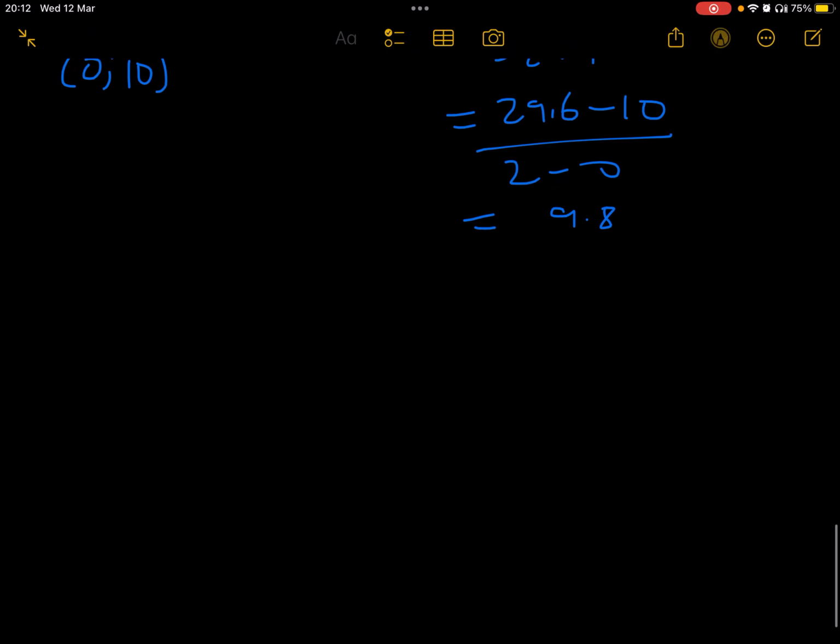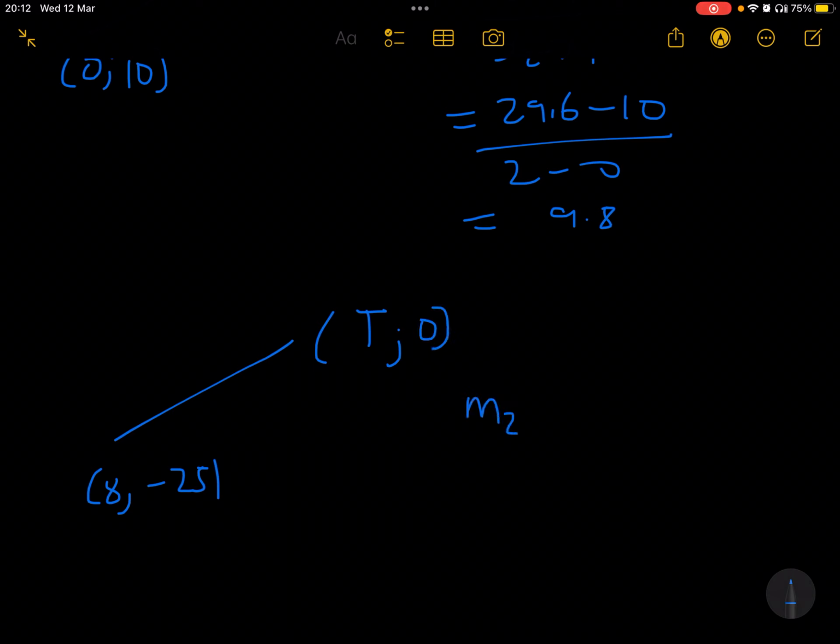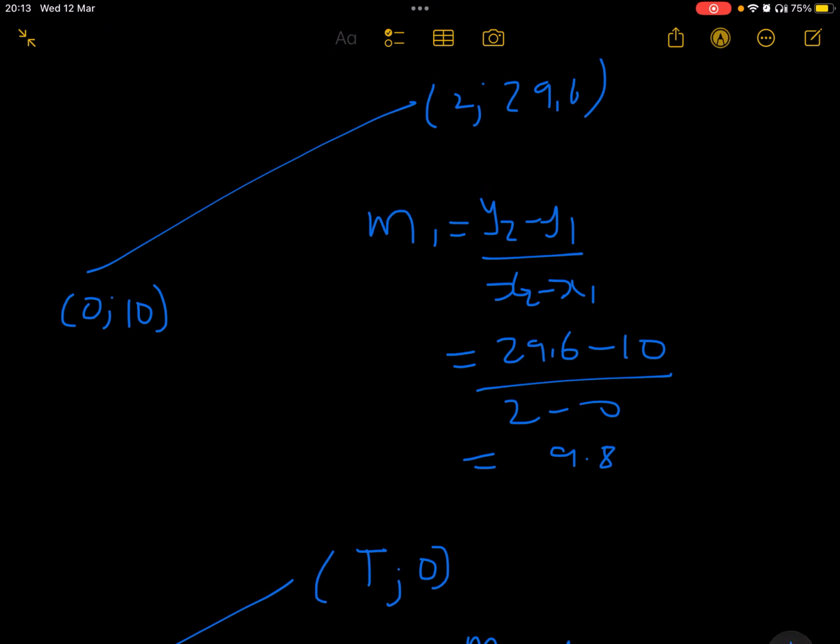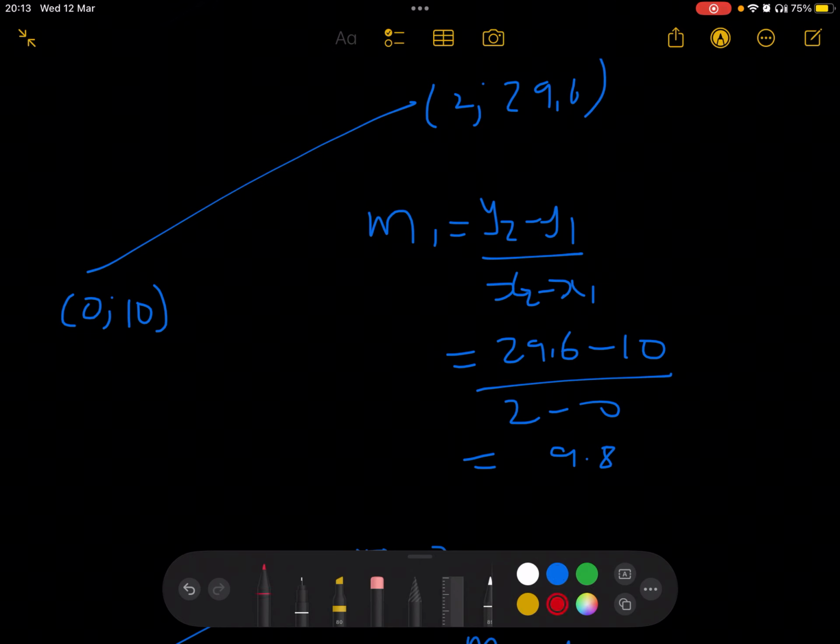And in the last instance, we have our short graph that starts where x is 8 and y is minus 25, all the way up to where x is t and y is 0, so that we get m2, which is y2 minus y1 over x2 minus x1. Oh, I forgot to label here. I was in a rush. I normally label this as my x1, y1, x2, y2.